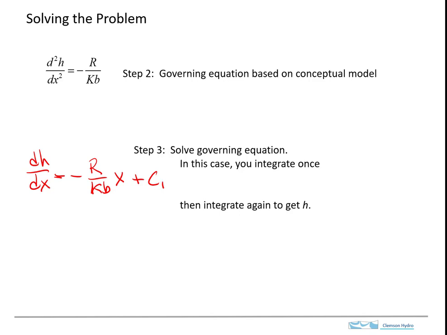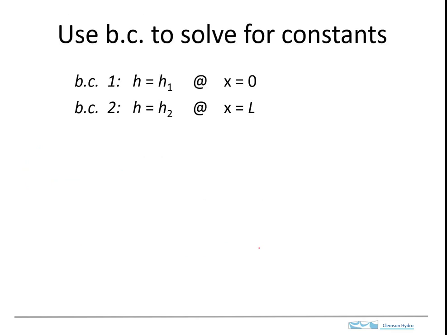Then we integrate this again, and on the left side we just get the head, and on the right side we get C1 times x plus C2. So there's an expression for the heads, and we need to then use the boundary conditions to solve for the constants.